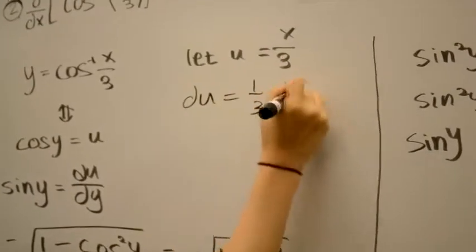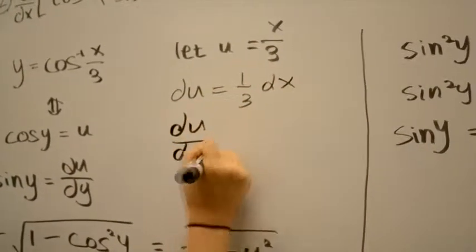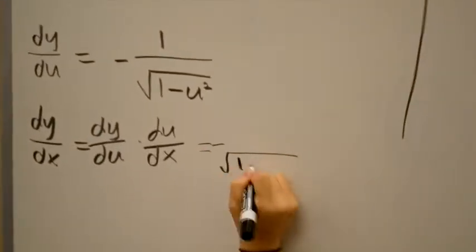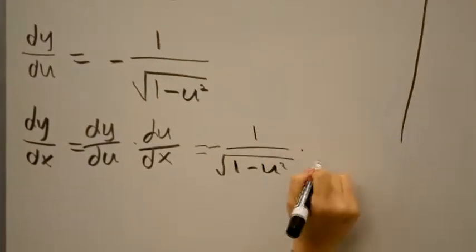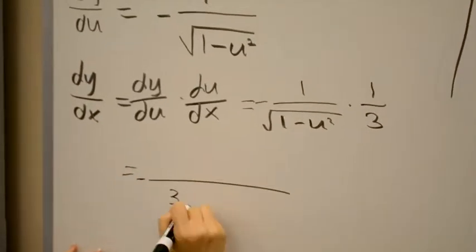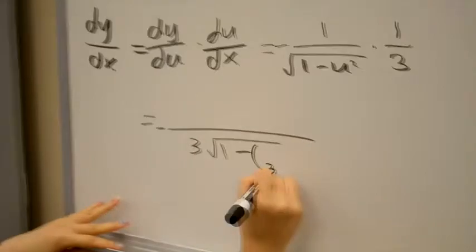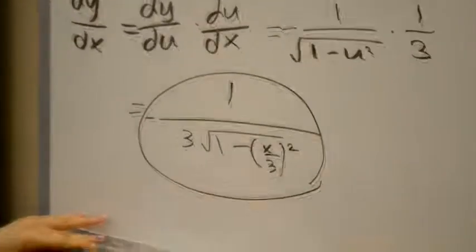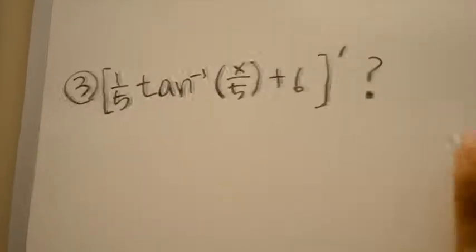We're going to multiply du/dx by dy/du to get dy/dx, which gives us negative 1 over the square root of 1 minus u squared times 1 over 3. And we're going to put the x over 3 into the u place again.